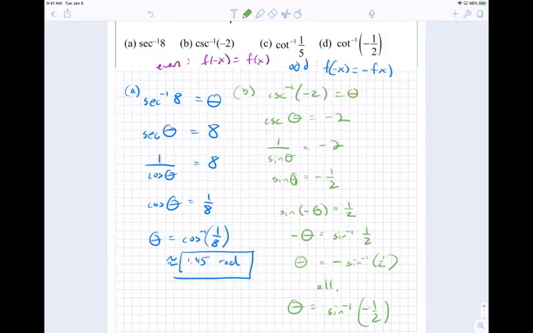Okay, so he's writing inverse cotan. Equals some angle equals theta. Okay, so then that means cotan of that angle.